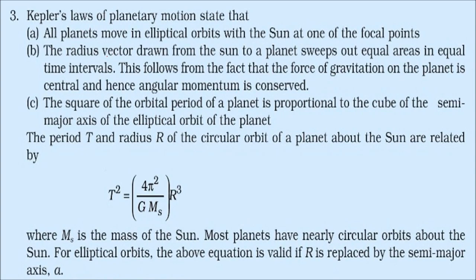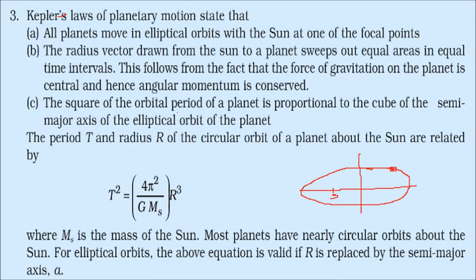Kepler's laws of planetary motion are three very important laws. All planets move in an elliptical orbit with the sun at one of the focal points. So this is the elliptical orbit, this is the sun at one focal point, and all are moving like this.